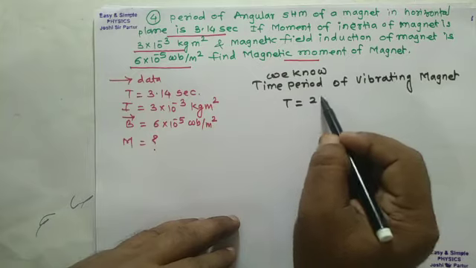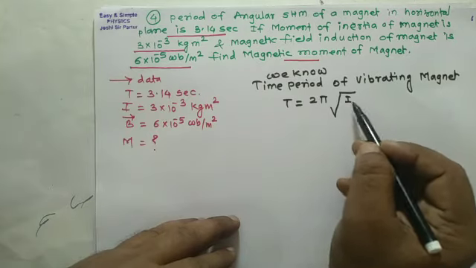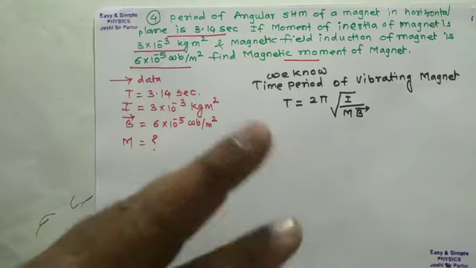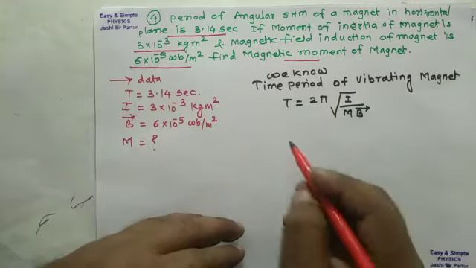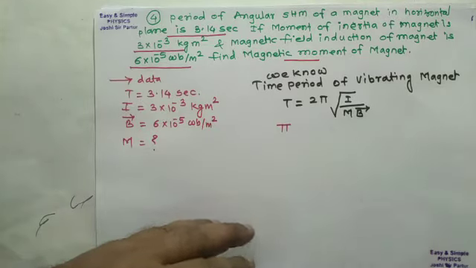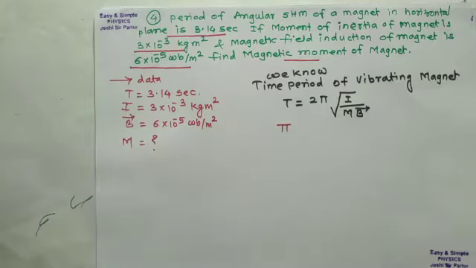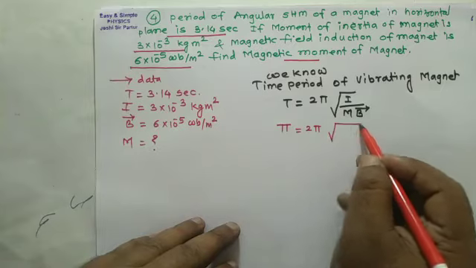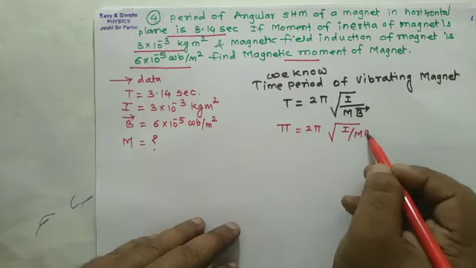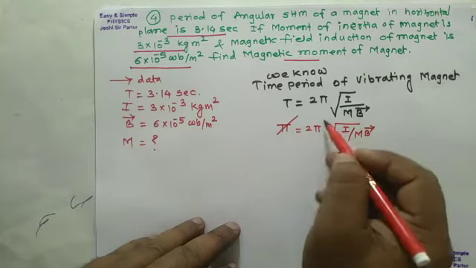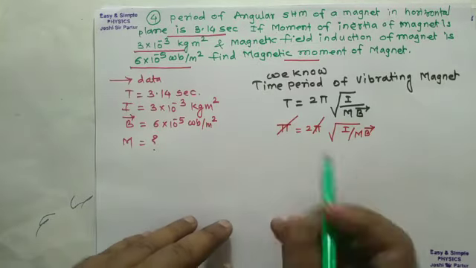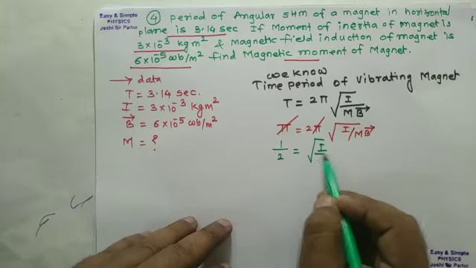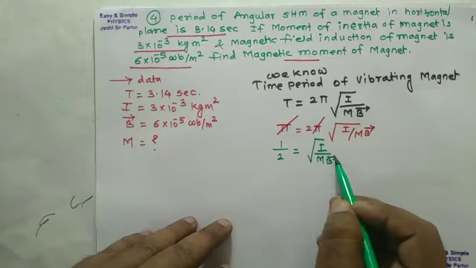Capital T is equal to 2 pi square root of I divided by m vector B. If we substitute the value of time period, that is pi, because 3.14 is the value, pi is equal to 2 pi in bracket I upon m vector B. What happens? Pi gets cancelled. So here we can write 1 upon 2 is equal to square root of I upon m vector B.